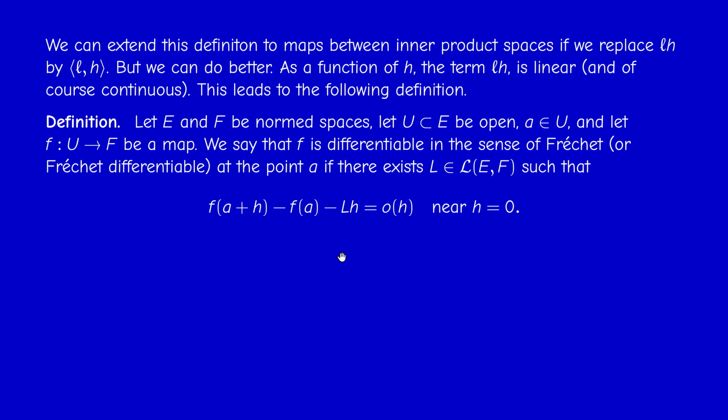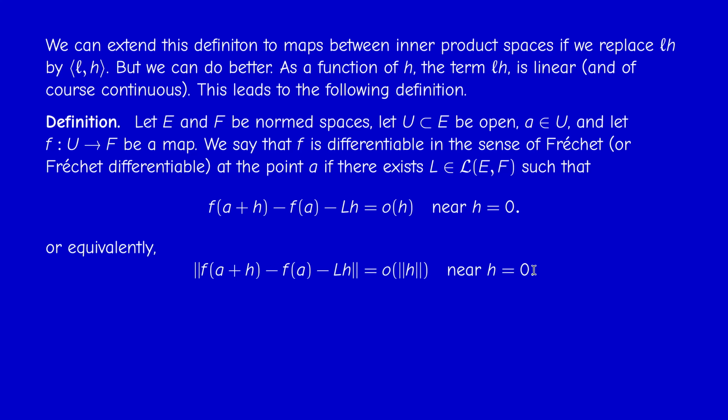We say that f is differentiable in the sense of Fréchet, or Fréchet differentiable, at the point a if there is a linear bounded map L from E to F such that f can be approximated by this linear map, or by this affine map, if you like. So near h equals 0, f of a plus h minus f of a minus this linear term is small o of h.